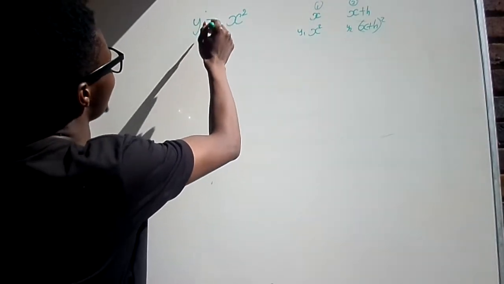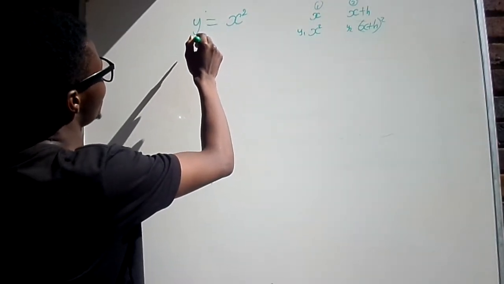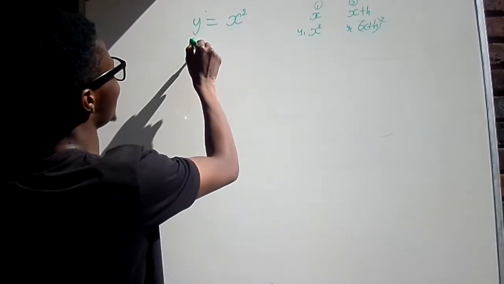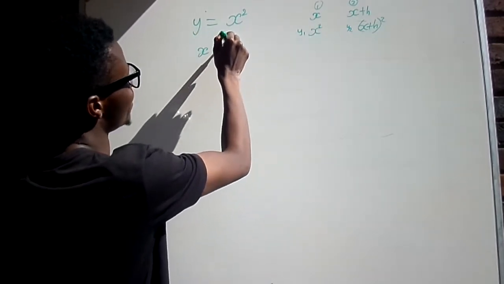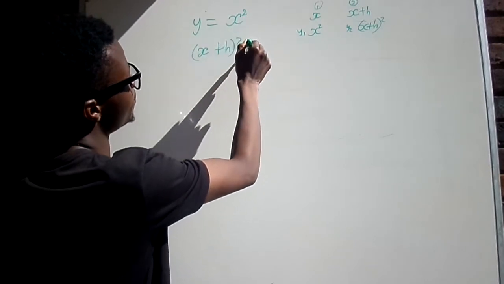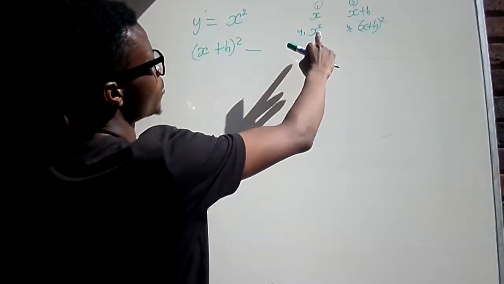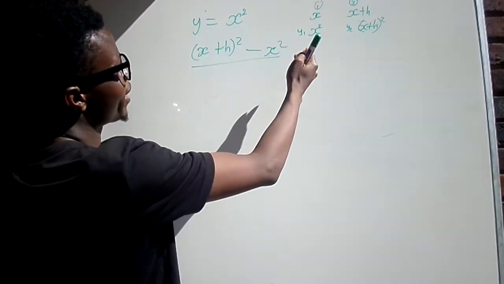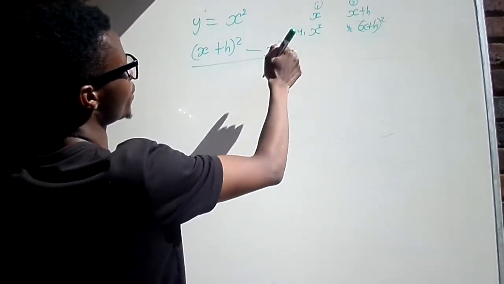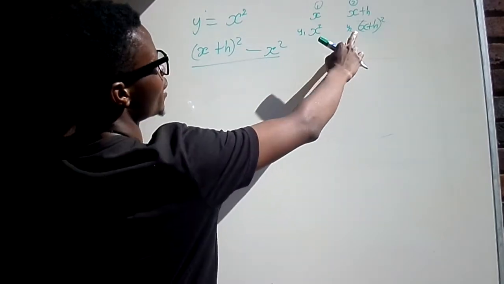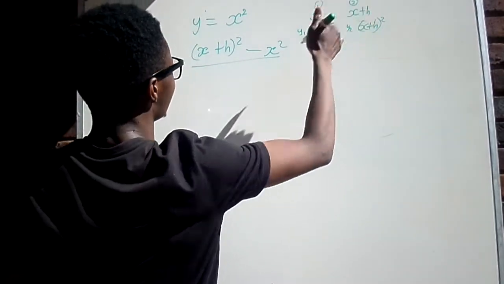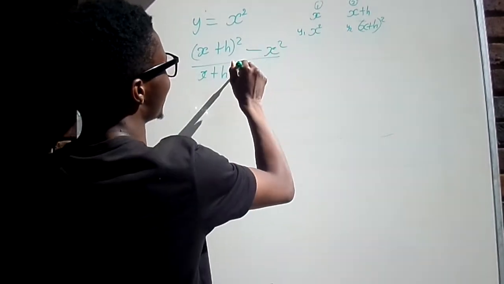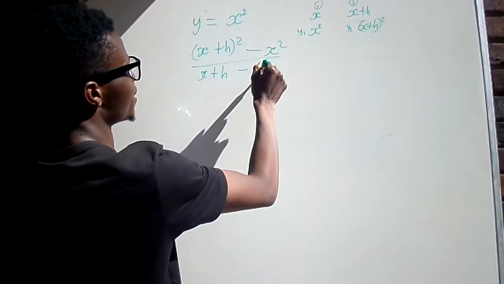To calculate the gradient, I'm going to have y2, that's (x plus h) squared, minus y1, which is x squared, all over x2, being x plus h, minus x1, which is just x.